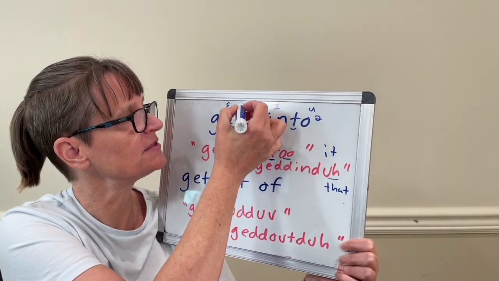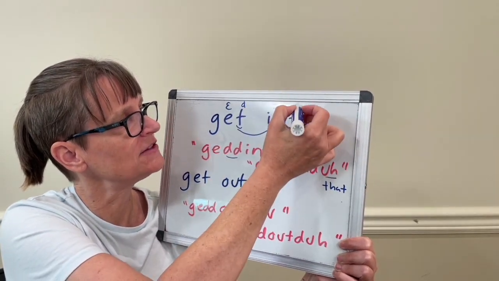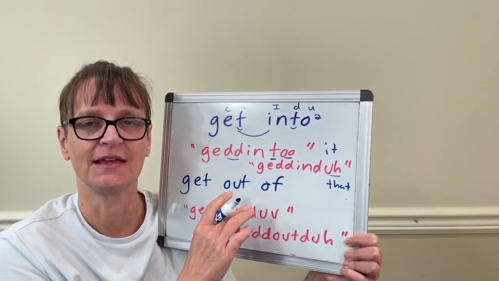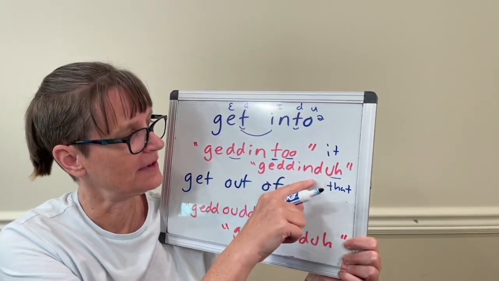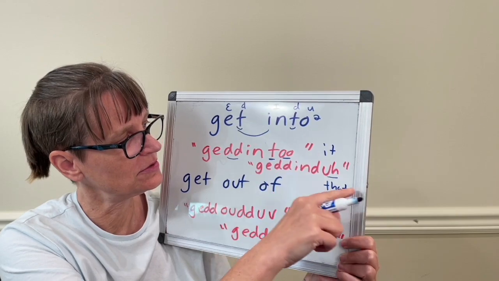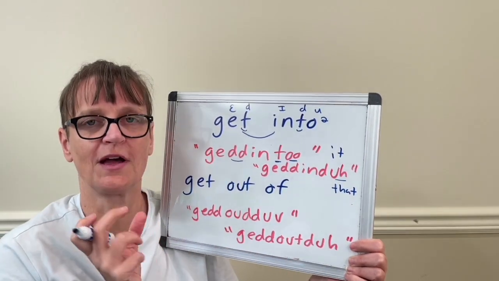So this T becomes a flap, more like a D, and this one can as well. When I'm saying get into that, I'm linking my into to my word that, and my oo becomes a schwa.